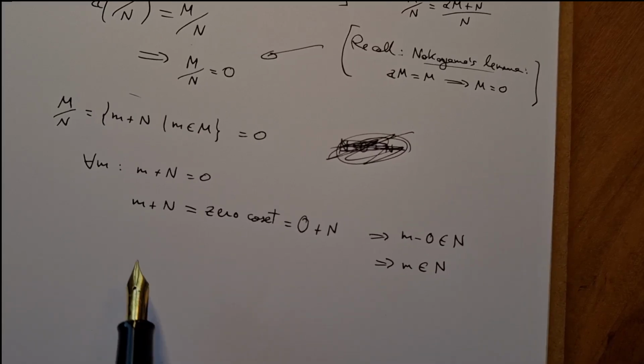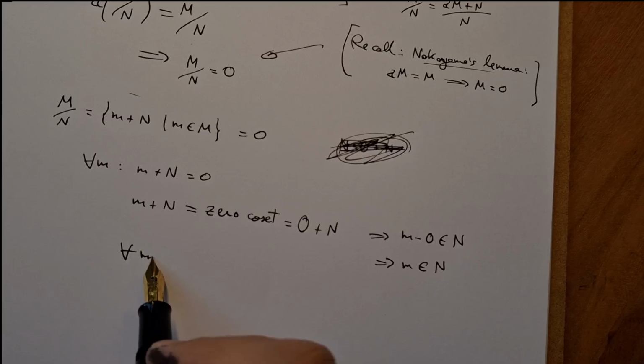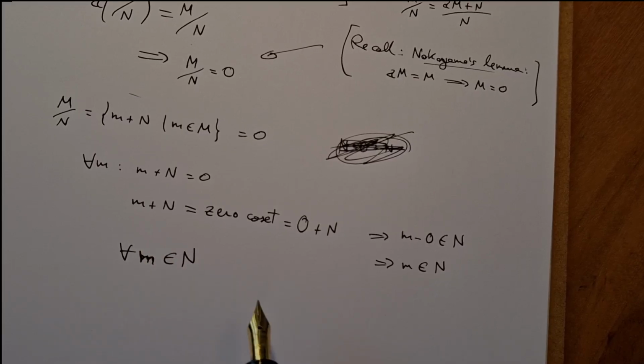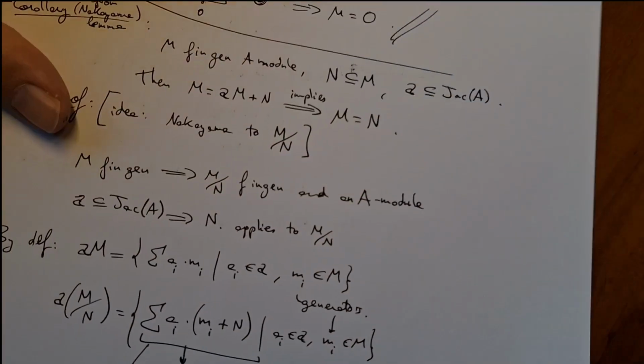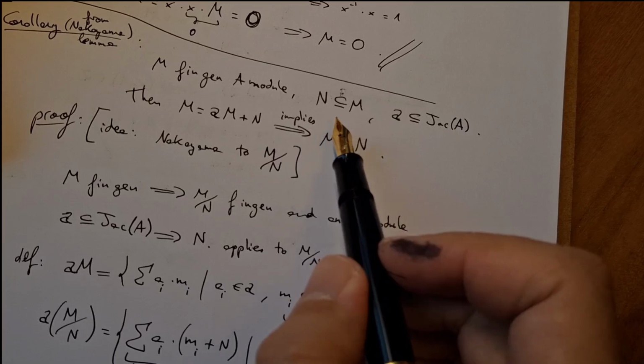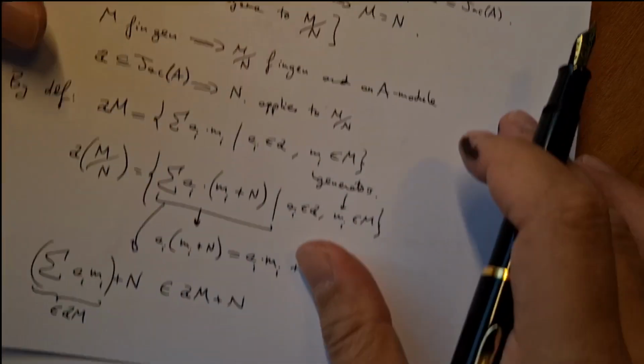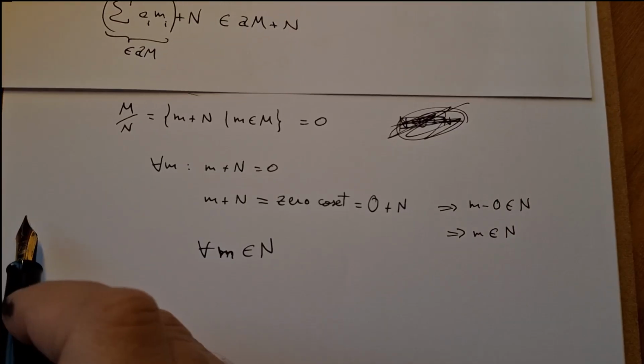So, for all m, it belongs to N. And from the assumption of the corollary, we had that N is a subset of M. So I will write this here.